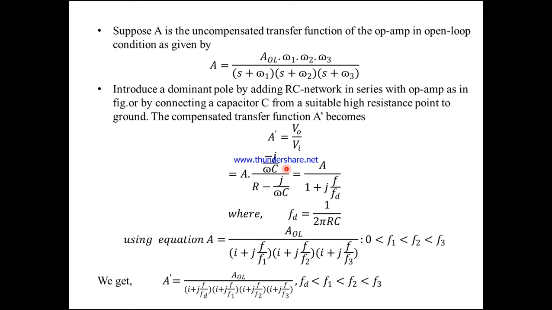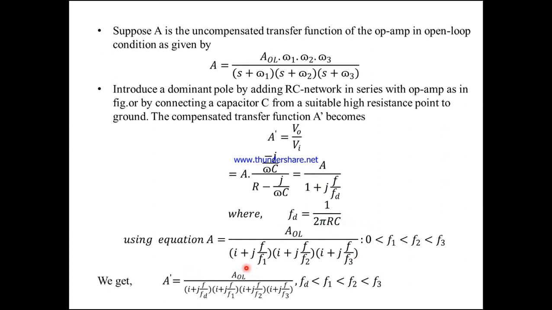Introducing a dominant pole by adding an RC network in series with the operational amplifier as in the figure, by connecting a capacitor C from a suitable high resistance point to ground, the compensated transfer function is given by this equation. If we substitute FD equal to 1 by 2 pi RC, we get the gain as A by 1 plus j F by FD.